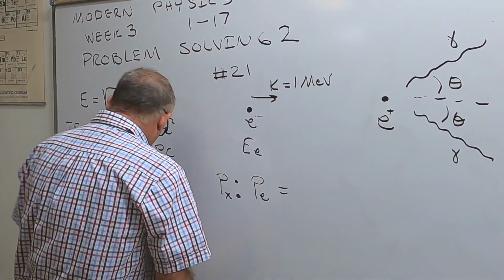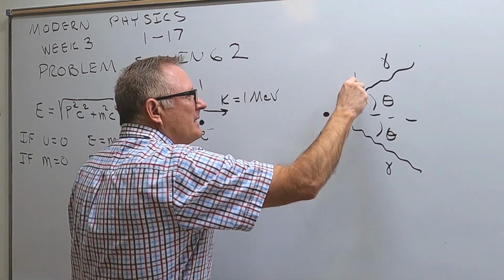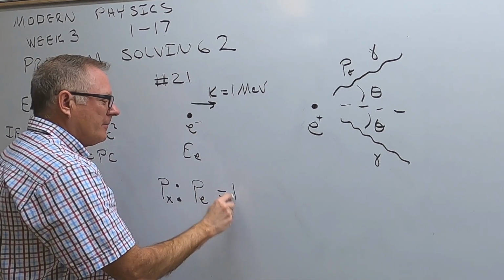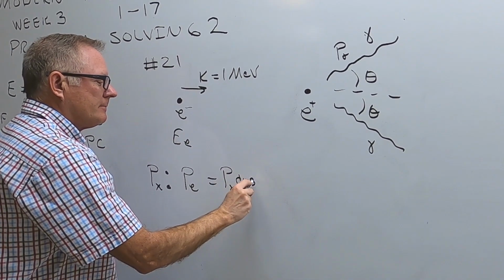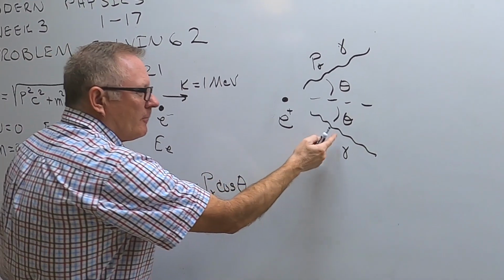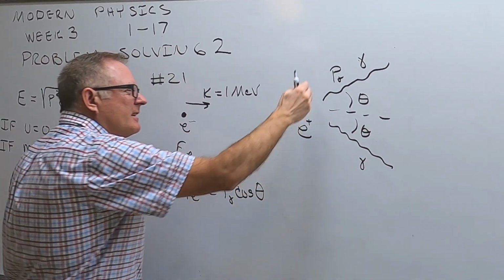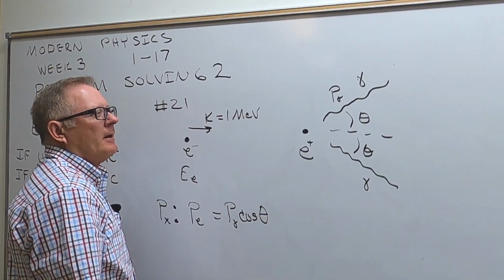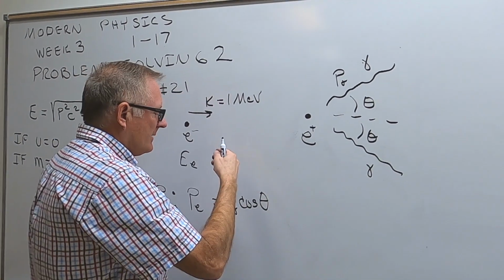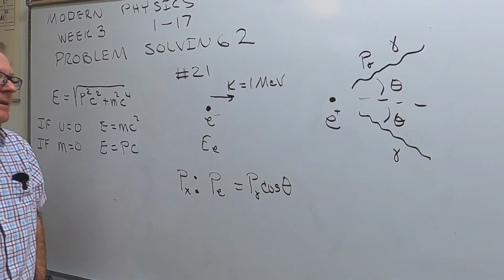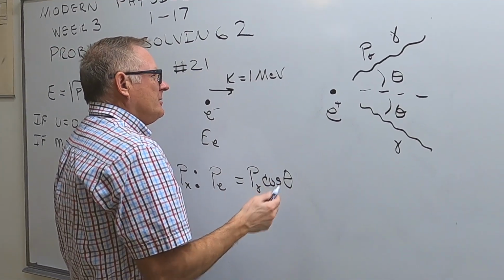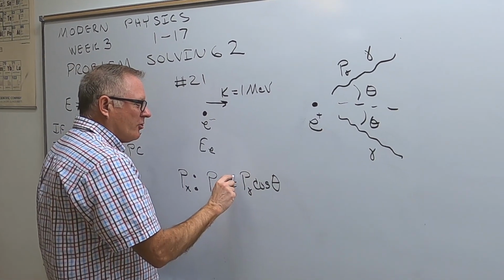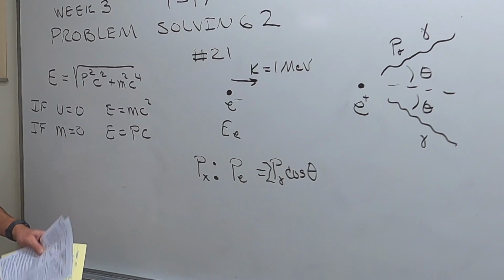Then afterwards, all you have is the momentum of this gamma, but you just have the x component of it, so it would be the momentum of the gamma cosine theta plus the momentum of this one cosine theta. Since the angles are the same, the y components of momentum are the same, which means the p gammas have to be the same, just because they're equal gammas right here. So we just have two of them. That's the total in the x.